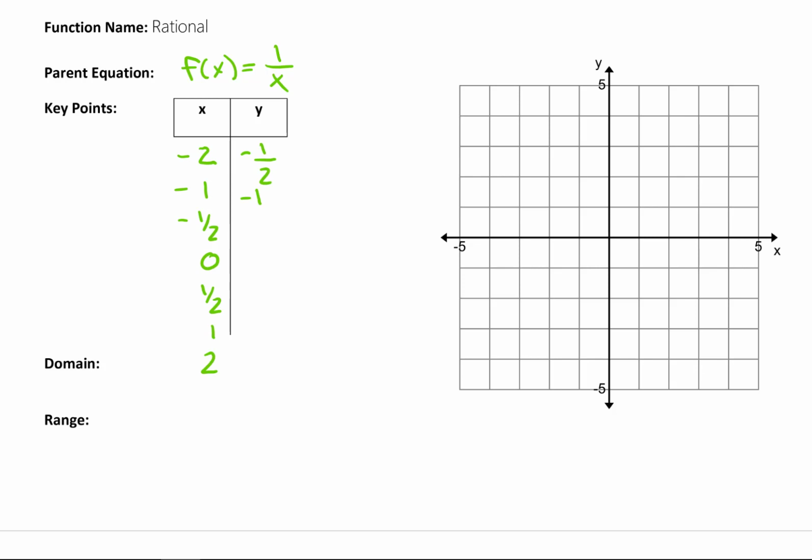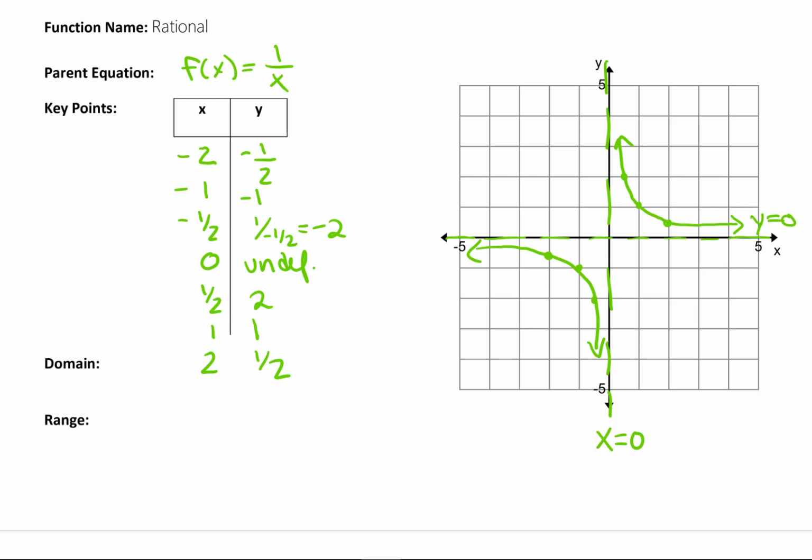When we plug in -1/2, that's 1 over -1/2, so it ends up being -2. When we plug in 0, 0 in the denominator means that it's undefined. When we plug in 1/2, we get +2, 1, and then 1/2. So I'm going to go ahead and put an asymptote at that undefined mark, which is x is equal to 0, and then plot the rest of the points.